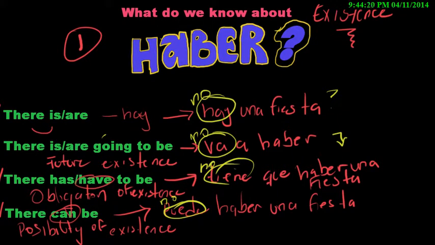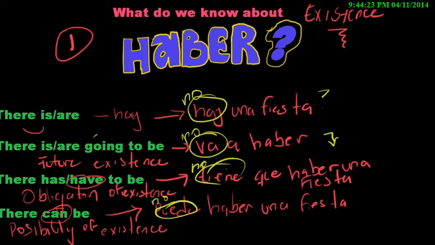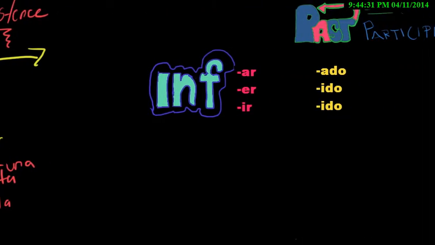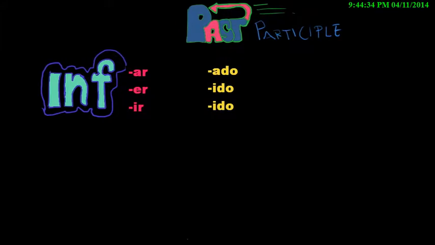But commonly in Spanish, the verb haber has a different function. Let's see what happened with the verb haber. Commonly, the verb haber is used as an auxiliary verb to form some compound verbs in Spanish to express that something has been done.